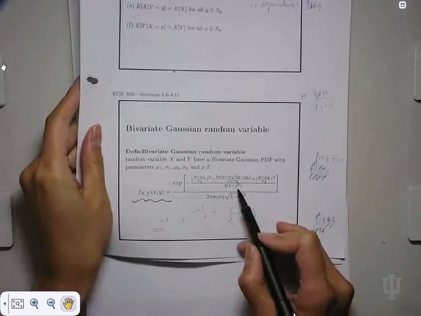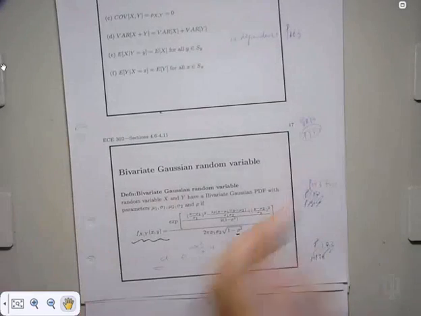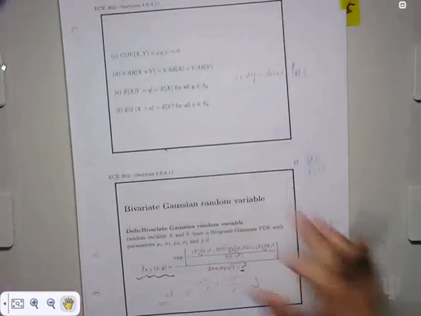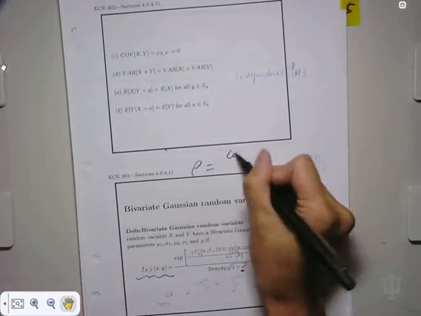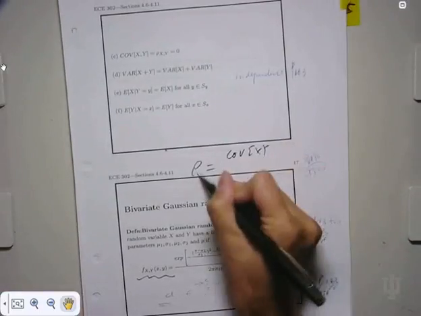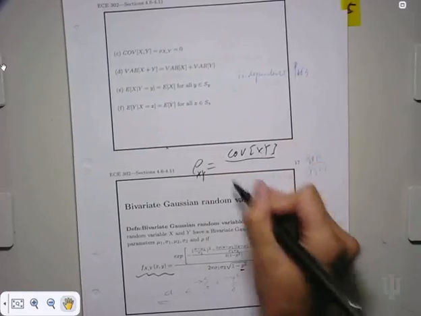And the rho here is the correlation coefficient. So I assume we still remember what is the correlation coefficient of x and y. What's here?